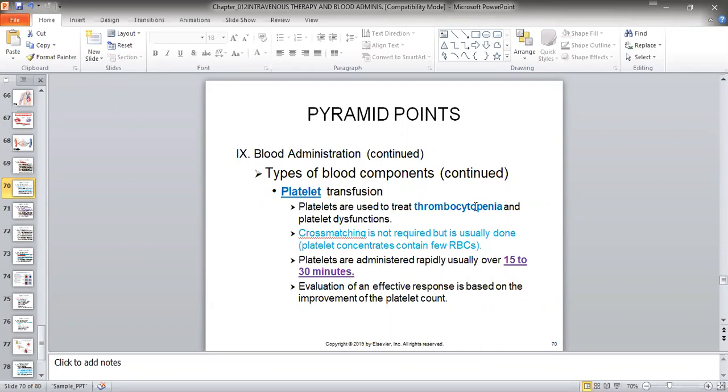So thrombocytopenia means a reduced number of platelets.